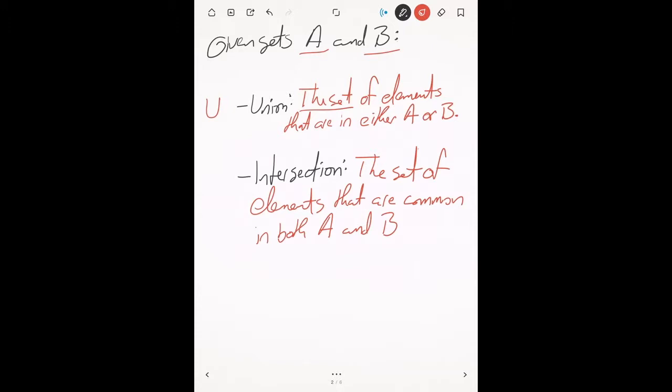Notice that union really helps us describe a set, and intersection helps us describe a set. Both of these are brand new sets, okay? We're creating brand new sets from two original sets.